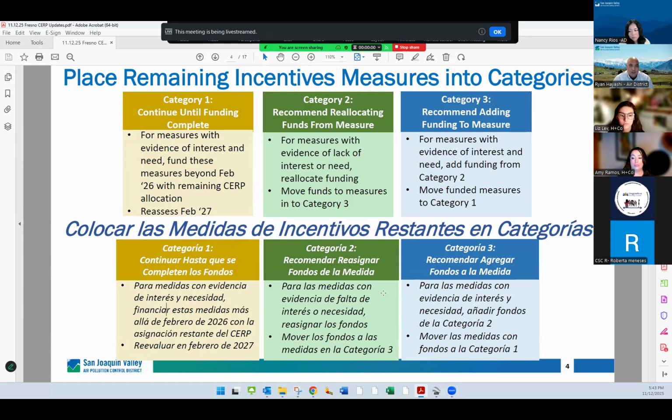We're very appreciative of the California Air Resources Board. They're making commitments to work with us and the federal government.